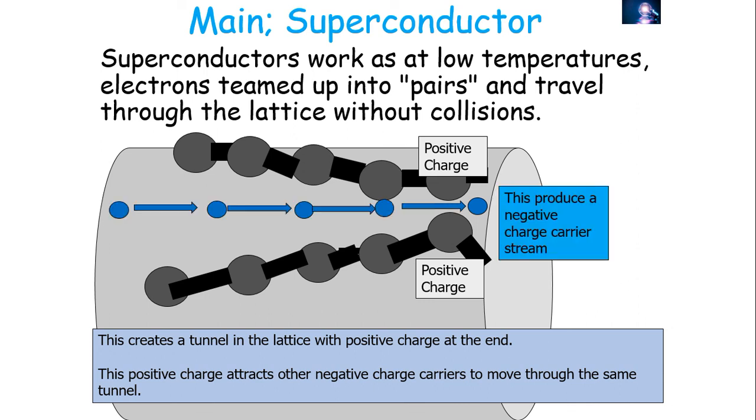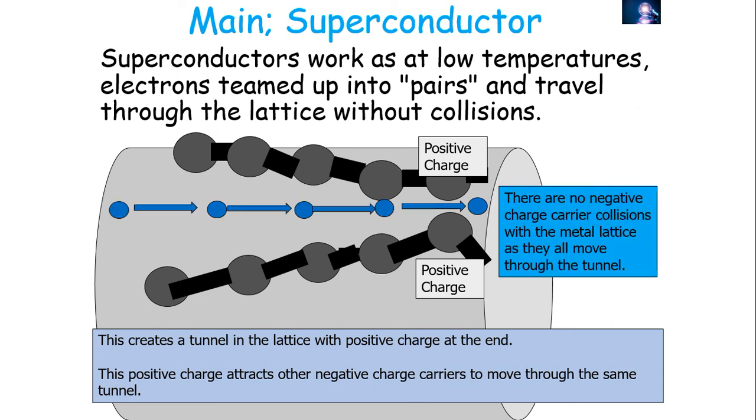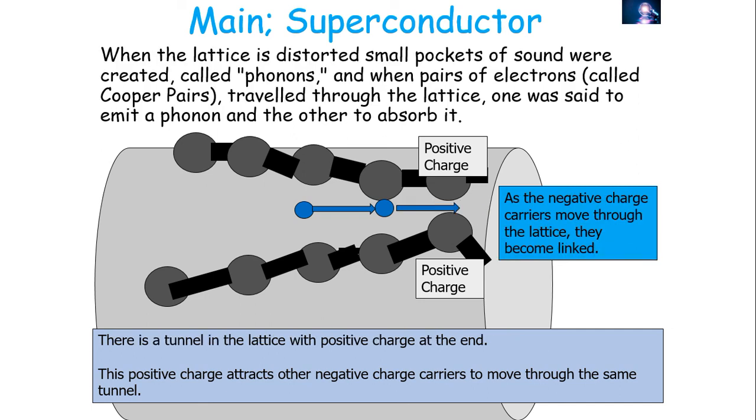So it produces a negative charge carrier stream, and there's no charge carrier collisions with the metal lattice because they all move through this tunnel because they're all attracted to that positive charge, and those positively charged ions can't in fact collide with those negative electrons because they have no energy to move any further.